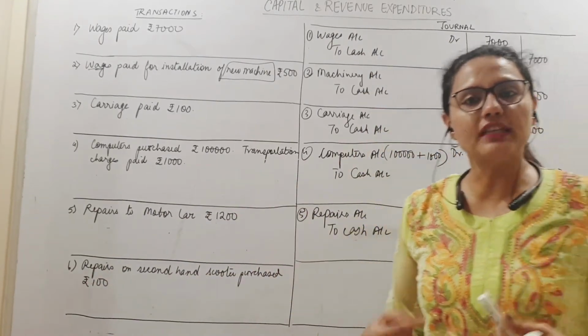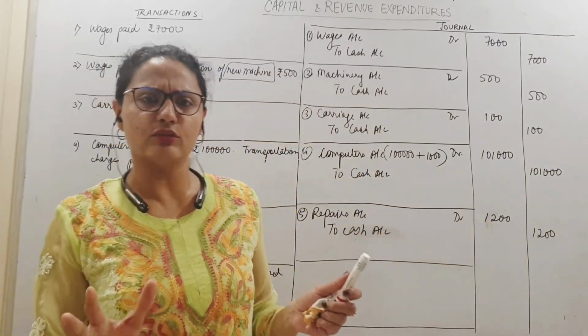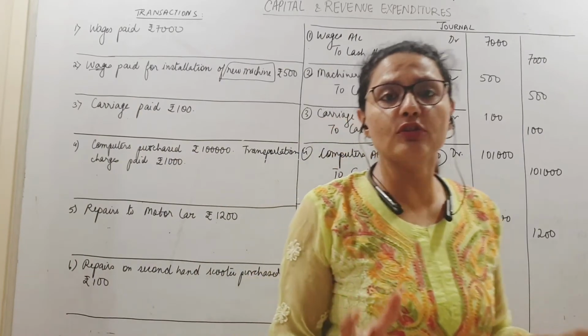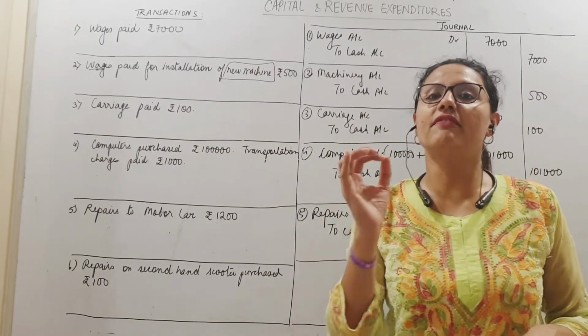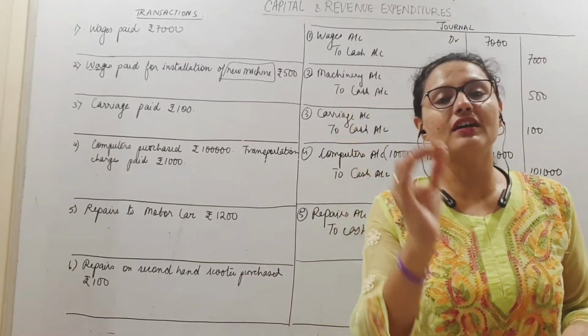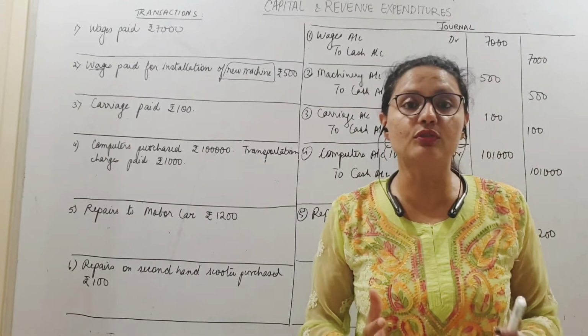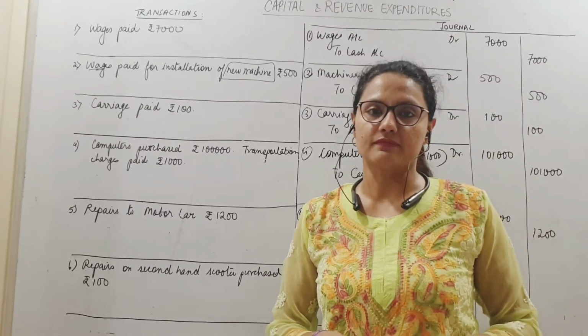Now, before I do that repairs, maybe the overhauling of the machine, maybe a denting, painting, whatever you have to do, before doing that, you cannot use the scooter. So this is a very essential expenditure and very much a cost of the purchase of the scooter, right? Without doing this, I will not be able to use the scooter.